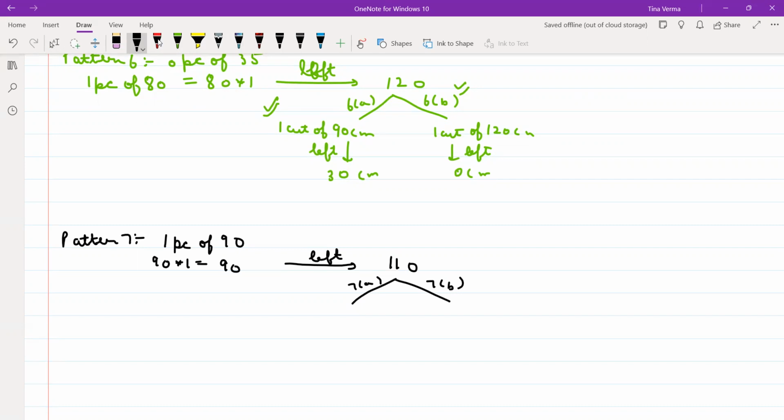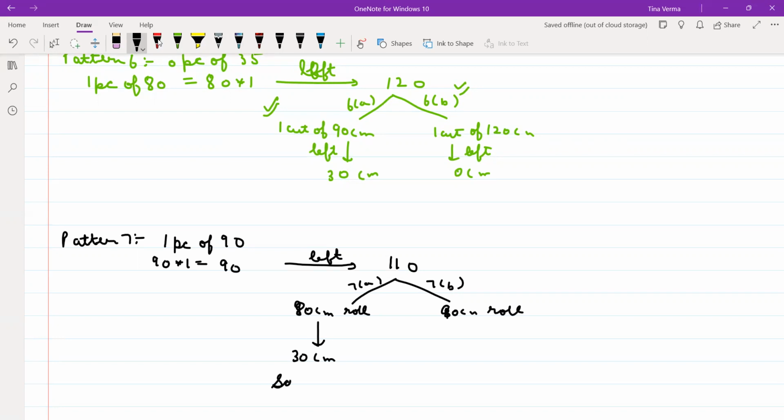So 7A and 7B, either you can cut a 90 centimeter roll, or you can cut an 80 centimeter roll and a 90 centimeter roll. So if you cut an 80 centimeter roll, you can make two cuts. So you will be left with 30 centimeter. You have cut one roll of 90, one roll of 80.